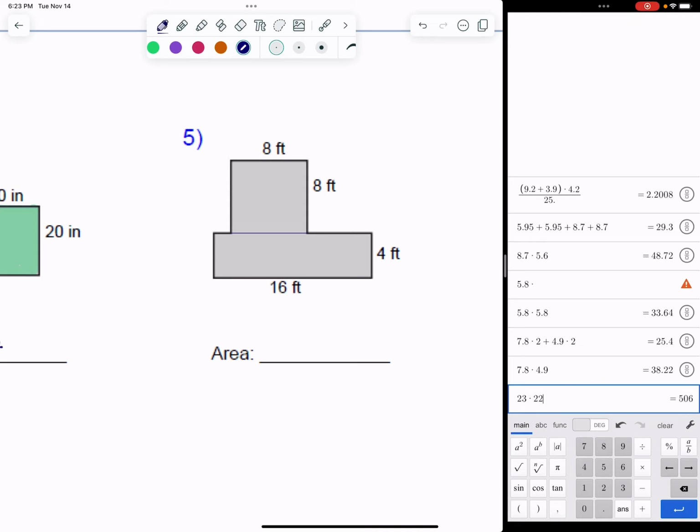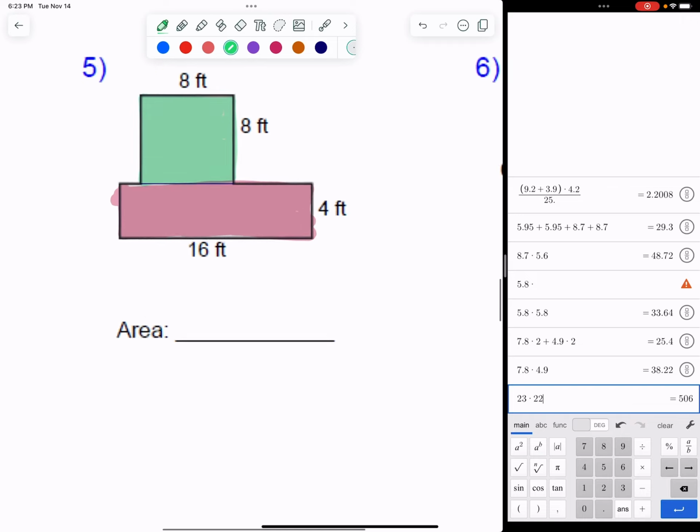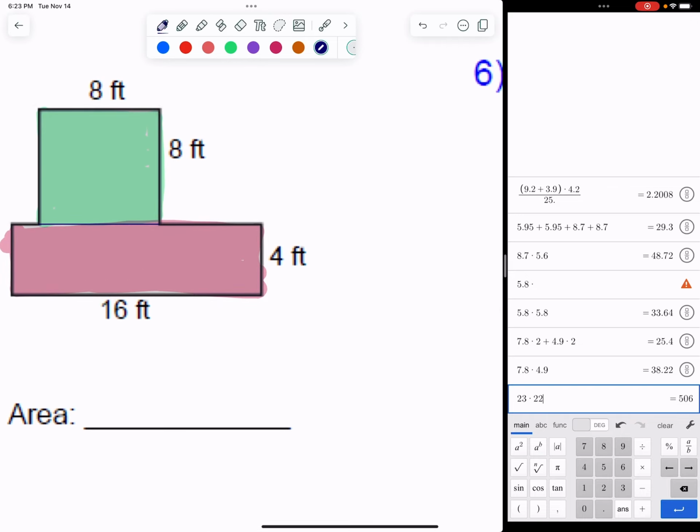That gives me a square and a rectangle. And I know that if I find the area of the square, I can add it to the area of the rectangle, and life is golden.